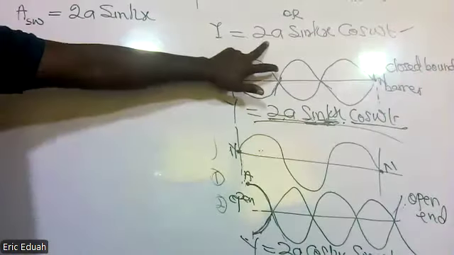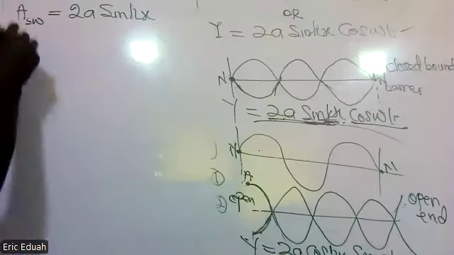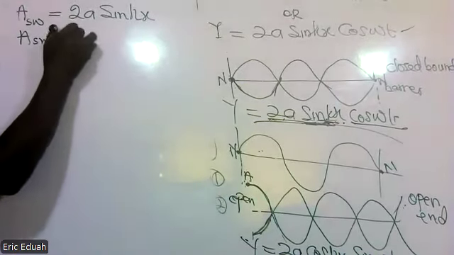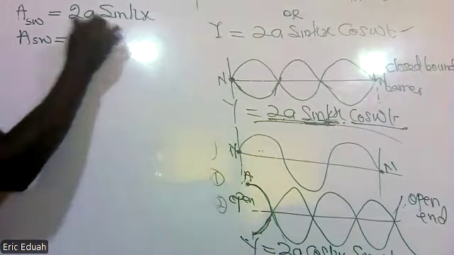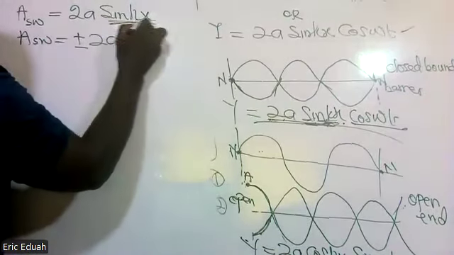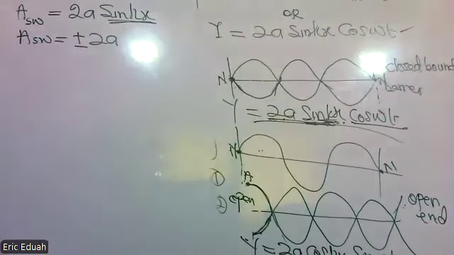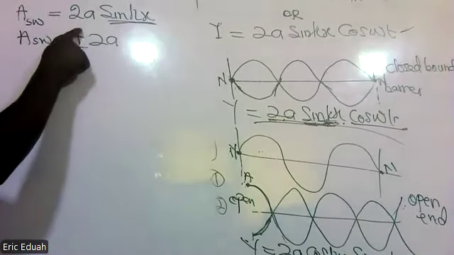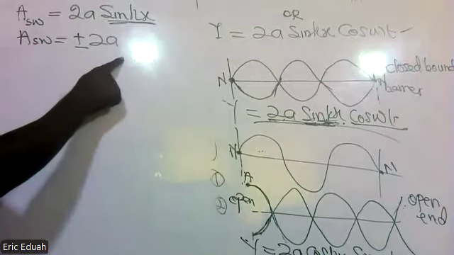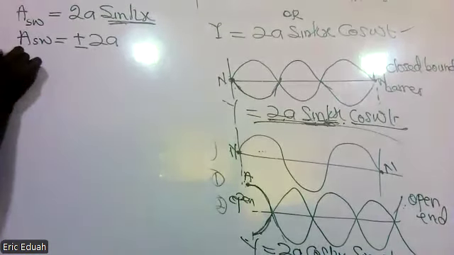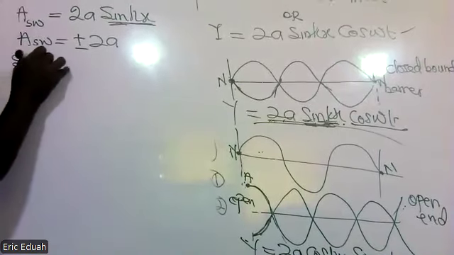A stationary wave can have an amplitude of plus or minus 2A on condition that sine kx is equal to plus or minus 1.